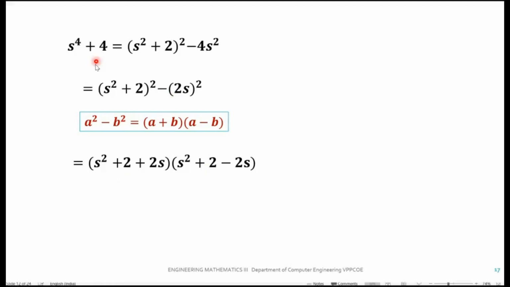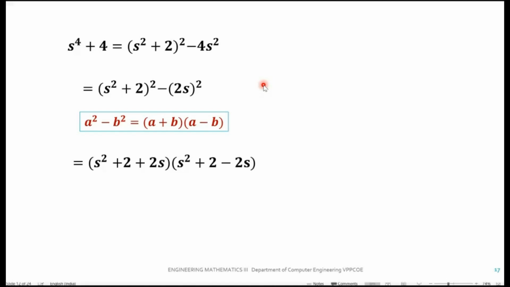Okay, so the term in the denominator we have written in the form of two quadratic factors. We have factorized s raised to 4 plus 4 as a product of two quadratic factors. Any doubt in this step? Many times we may have to use this method.